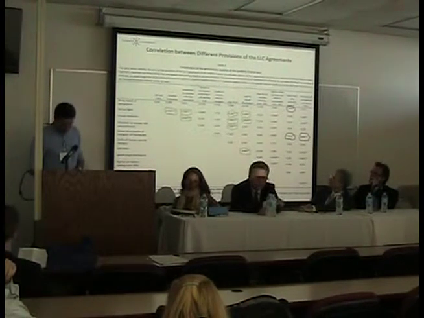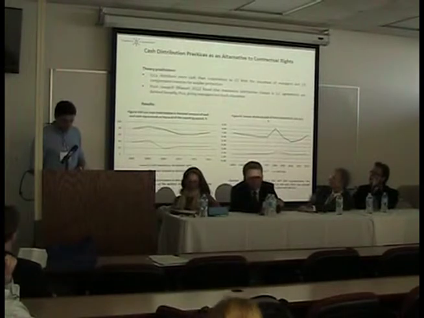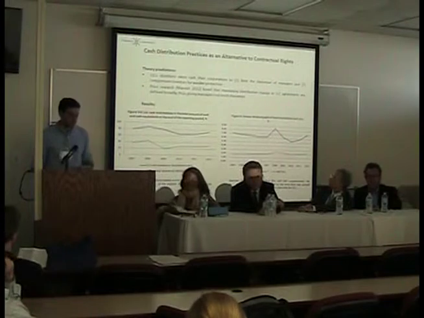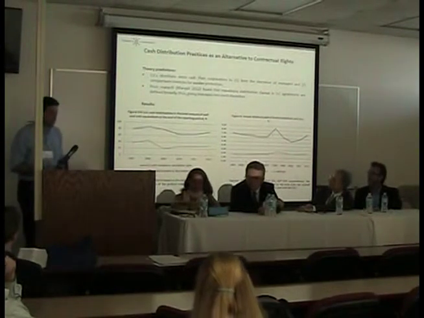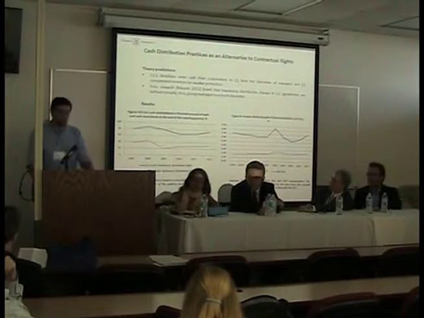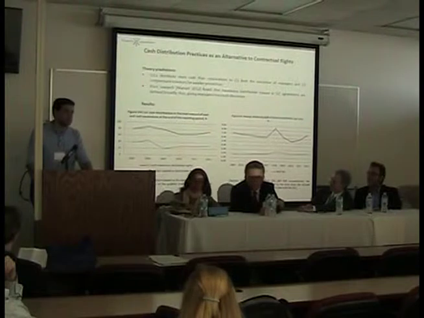In a similar way, I looked at other factors like board structure, but because of lack of time, I will only discuss one of them. I will only focus on the dividend practices, distribution of profit in these companies, because in theory there are two predictions.